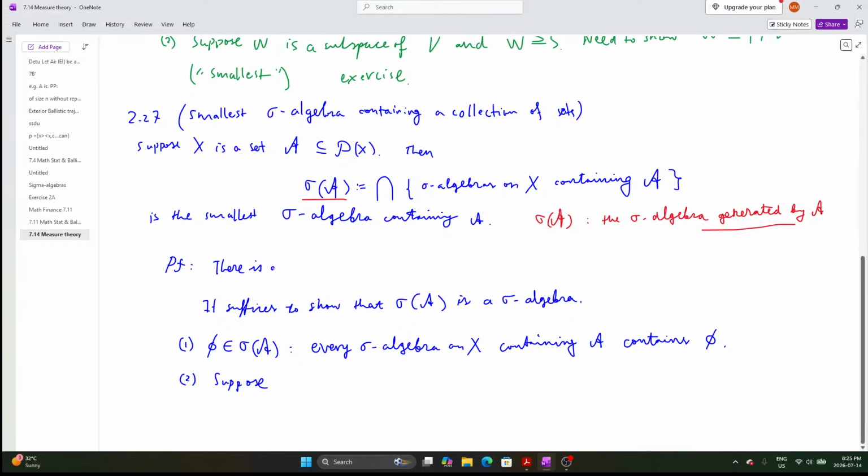There is at least one sigma algebra on X that contains A, that is the power set of X.